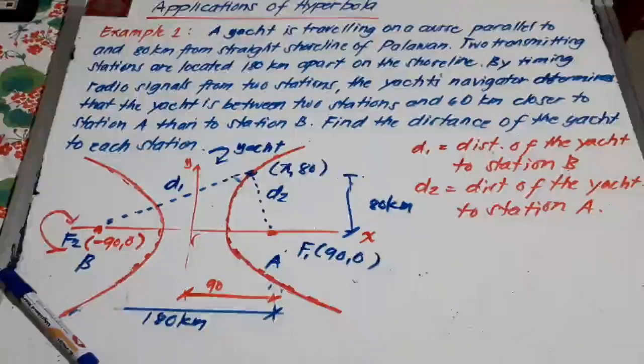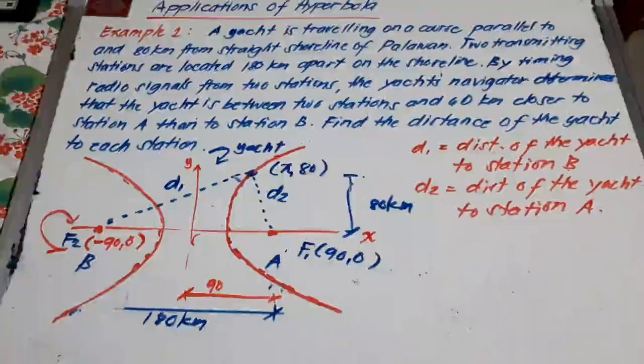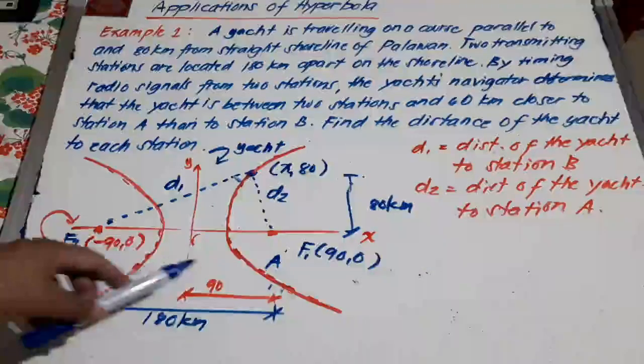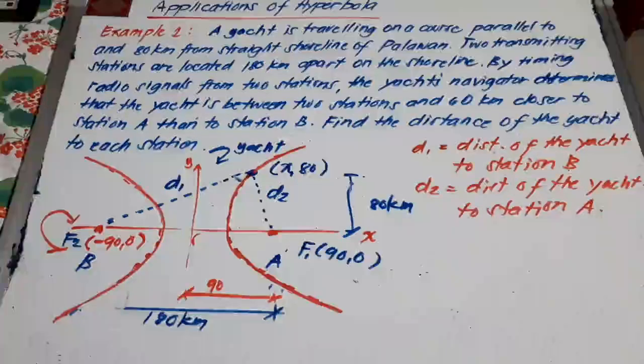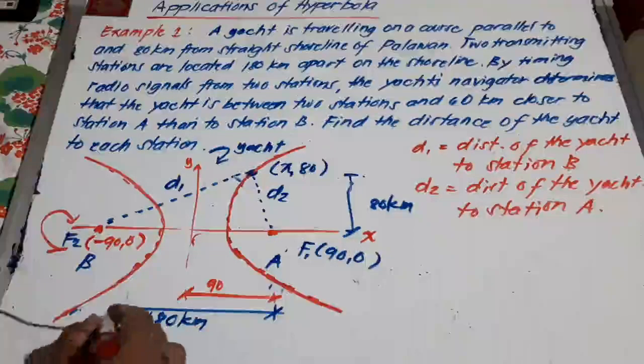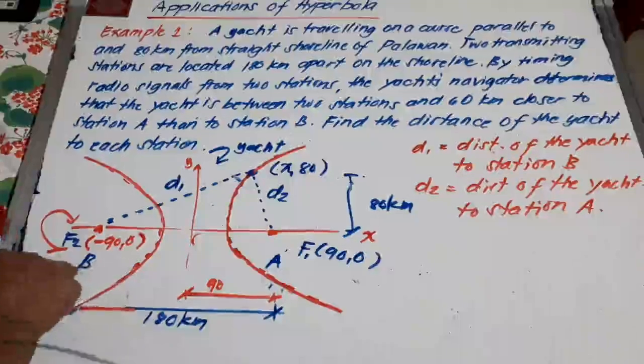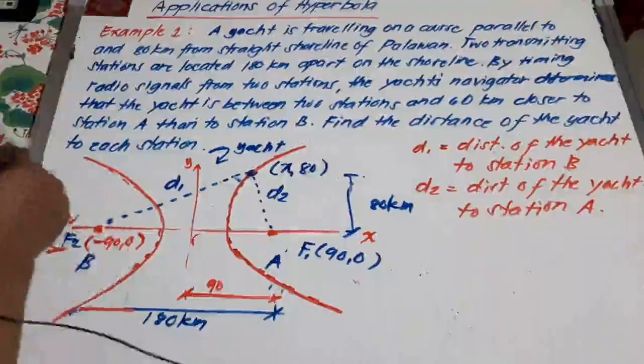But before we can solve these two distances, we have to get the equation of this hyperbola with these conditions. The conditions natin, we know the location of the foci, and we also know that the yacht has an ordered pair on the curve of the hyperbola at x, 80. Okay? Now, ano po ba makukuha muna natin dito?